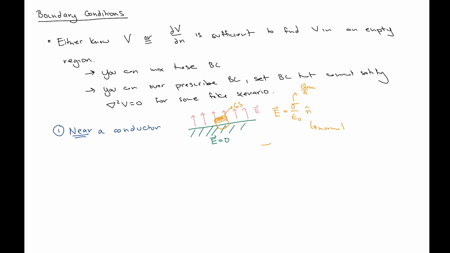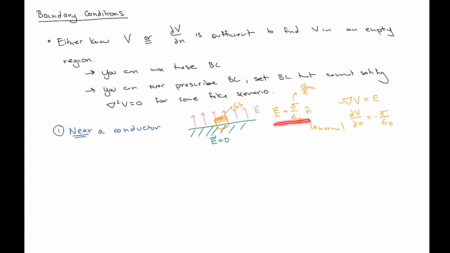Since I know that the negative gradient of the potential is equal to E, I can figure out that the rate of change of the potential in the normal direction is going to be equal to negative sigma over epsilon naught. So these are my two general solutions near a conductor, for the boundary conditions.